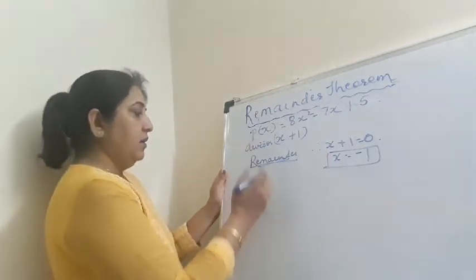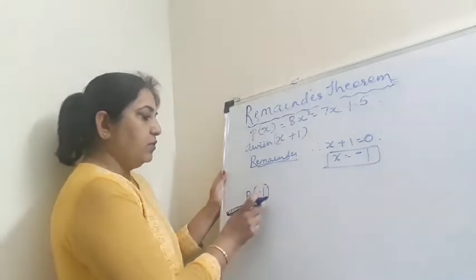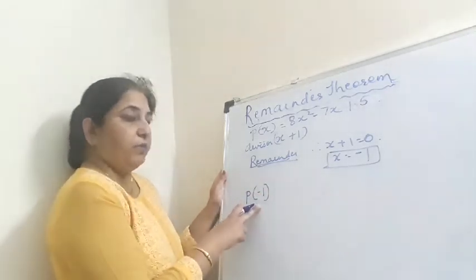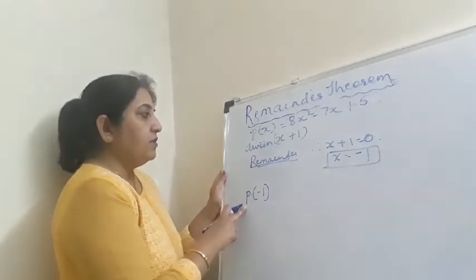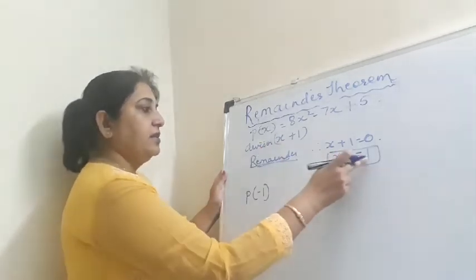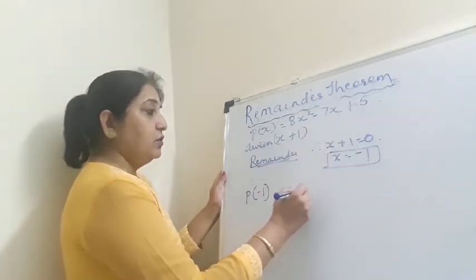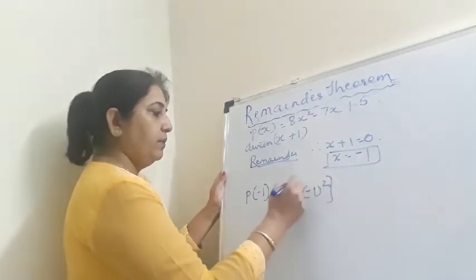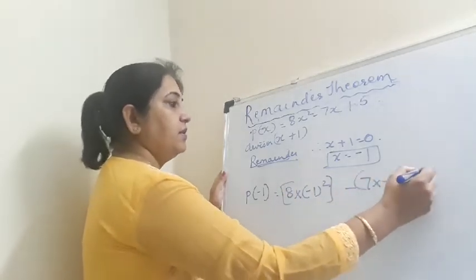Now this minus 1 we are substituting in the given polynomial, and that will give us the remainder. So when we are substituting, we write p of minus 1. You know what is the meaning of p of minus 1? P of minus 1 means a polynomial in which we are substituting the value of x as minus 1, which we got from here. Therefore it is equal to 8 into (minus 1) the whole square minus 7 into (minus 1) plus 5.